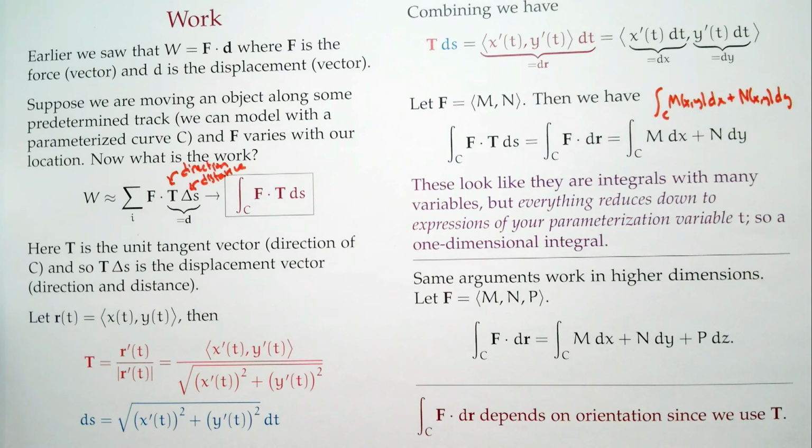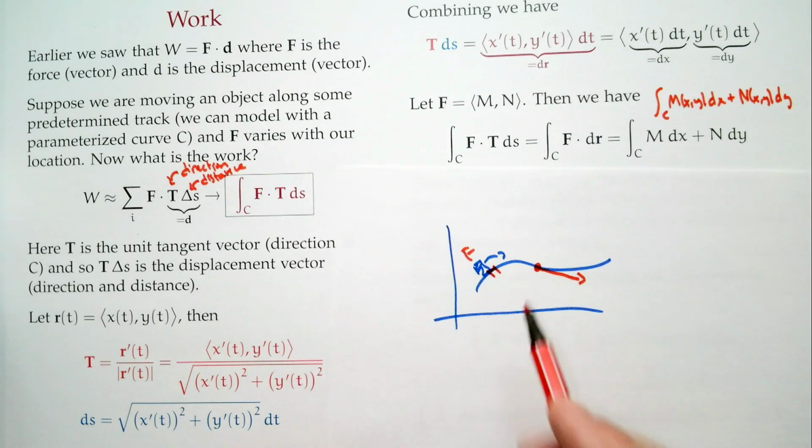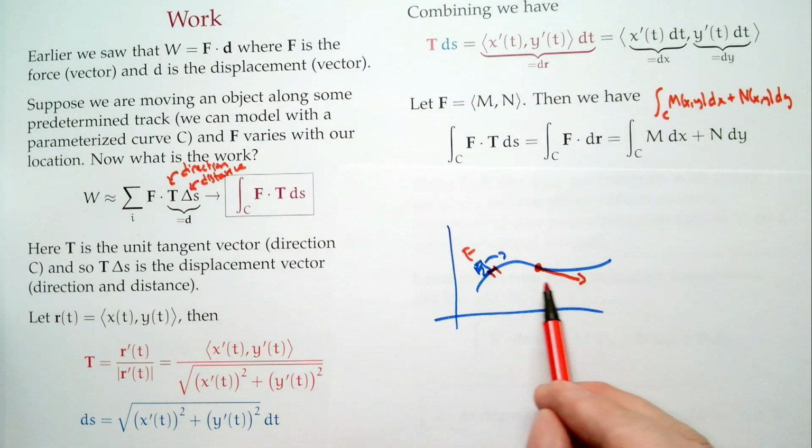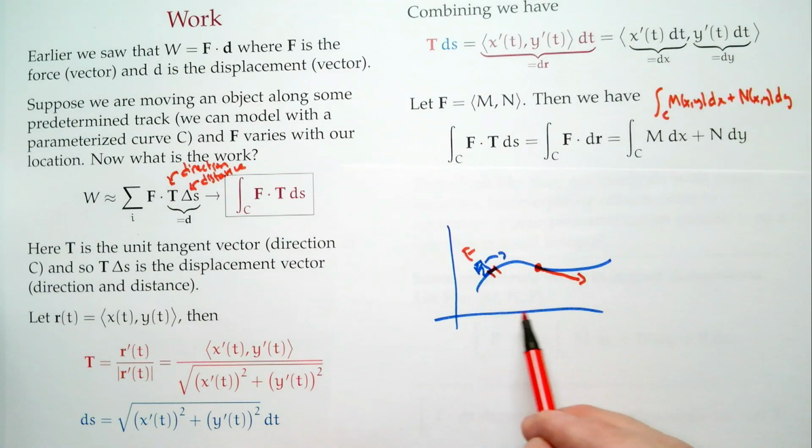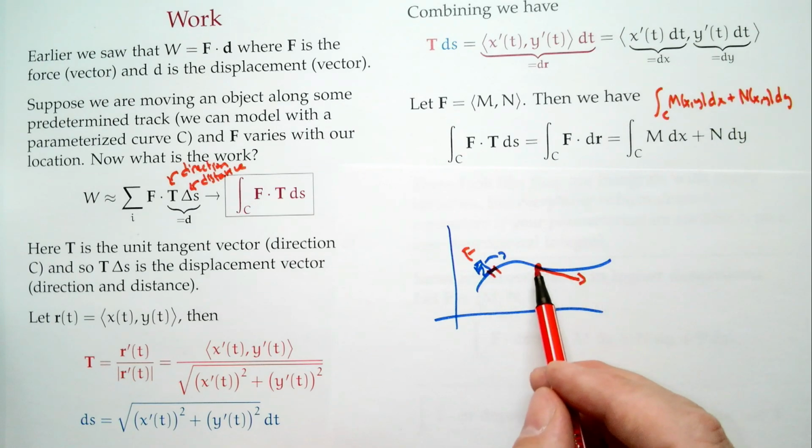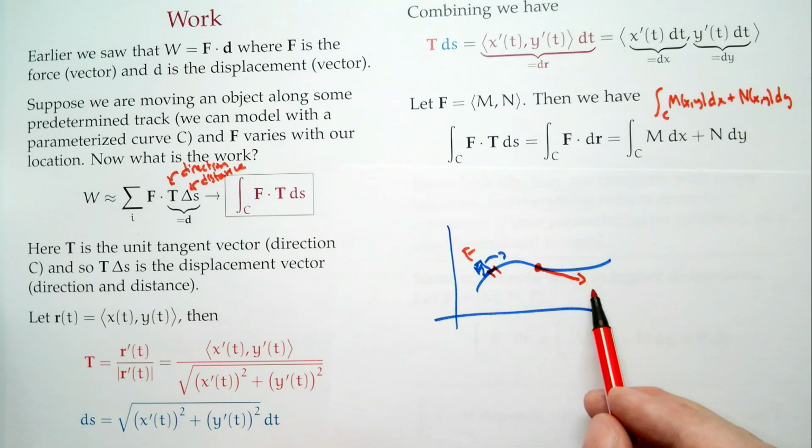And you might say, well, how did it all of a sudden spontaneously matter? The reason it spontaneously mattered was because of T. Because remember, what is T? T is talking about the direction of motion. So if I'm moving on this curve from left to right, T would point in this direction.